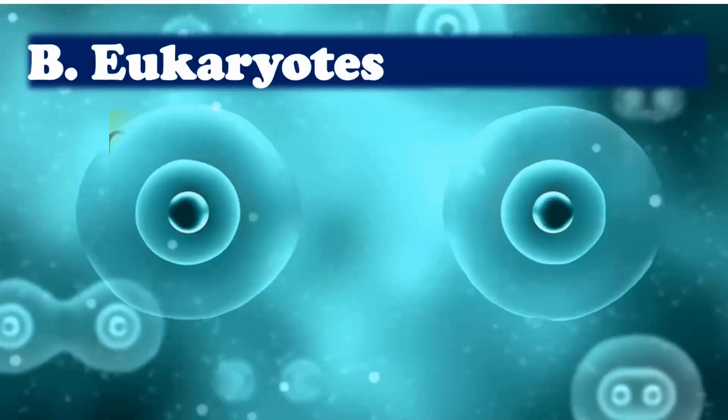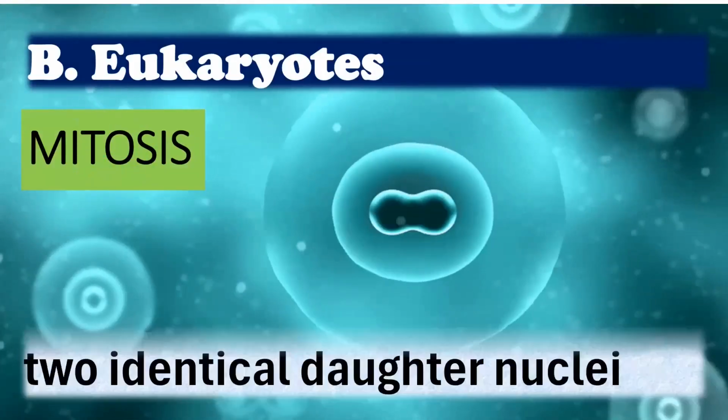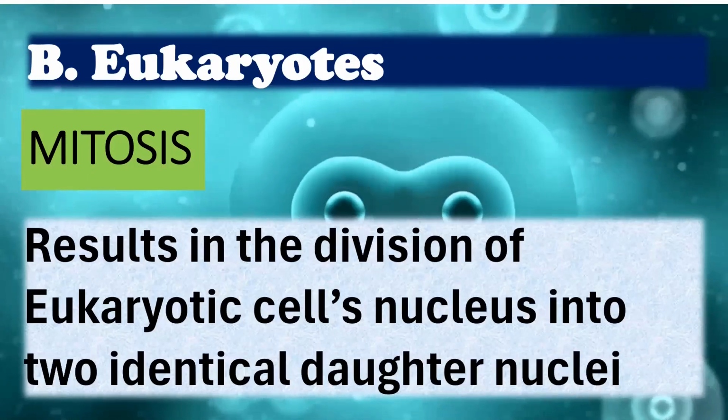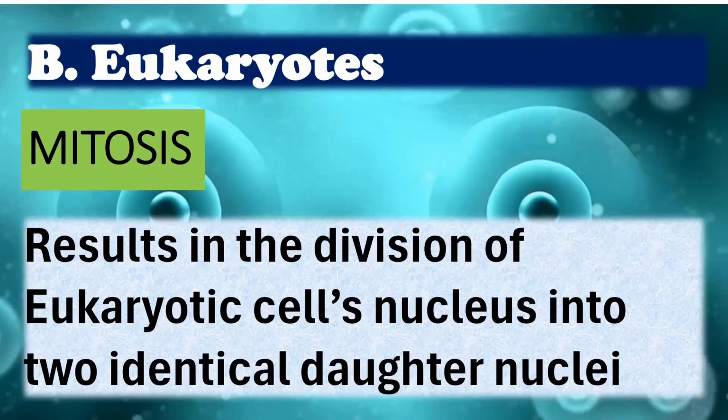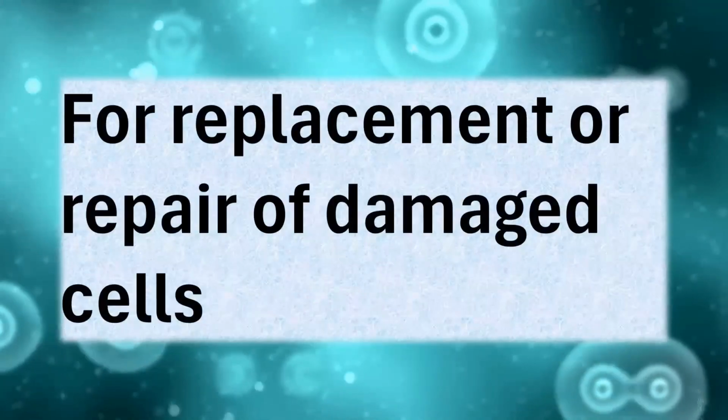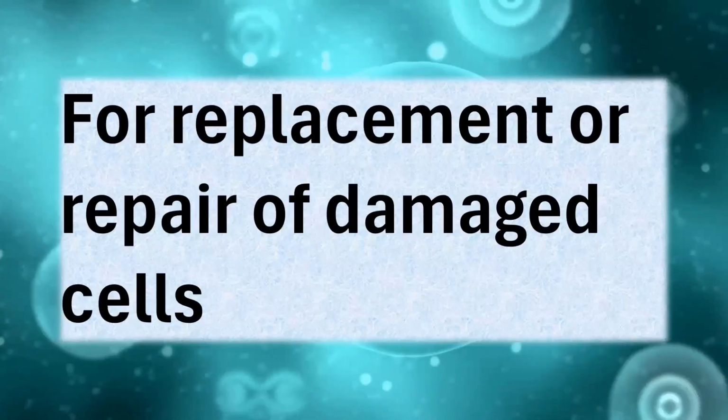In eukaryotes, mitosis results in the division of the eukaryotic cell's nucleus into two identical daughter nuclei. That is for replacement or repair of damaged cells.